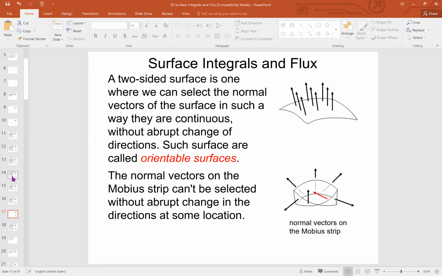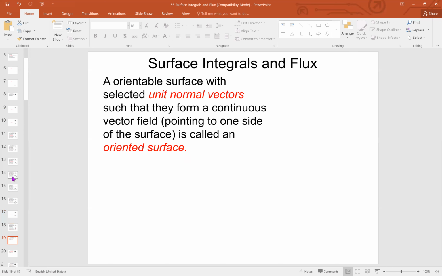So we don't want to deal with flux on non-orientable surfaces. We restrict our surfaces to be oriented. Once we have an oriented surface, I can choose all the normal vectors, in particular unit normal vectors, to one side. A surface with one side chosen is called an oriented surface.